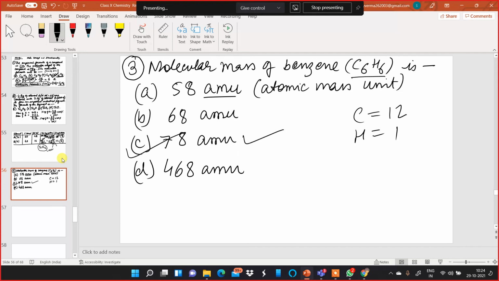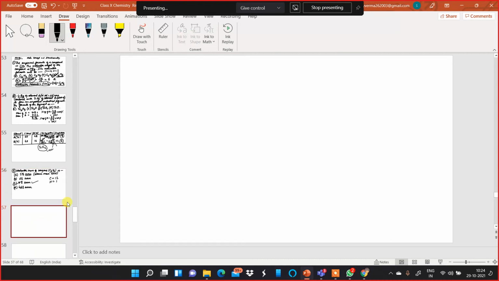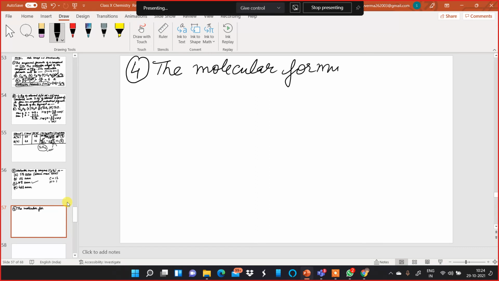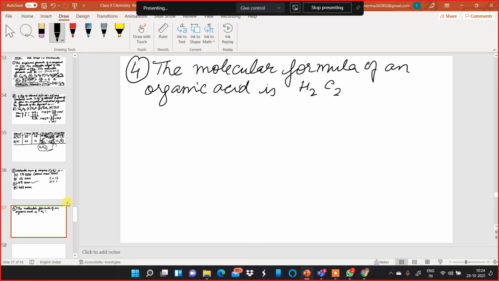Okay. Now another question, number 4. The molecular formula of an organic acid is H2C2O2.